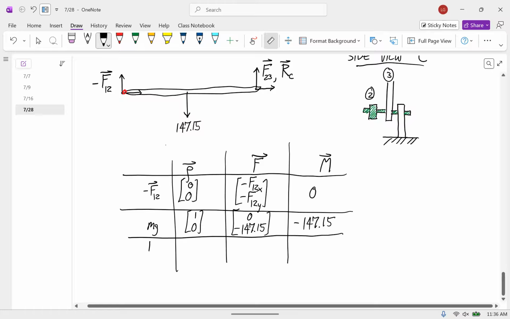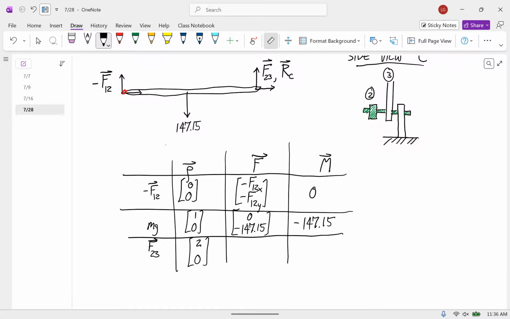And then I'll go to F2,3. The row vector is 2, 0. The force is F2,3x, F2,3y. Cross product is 2 F2,3y.